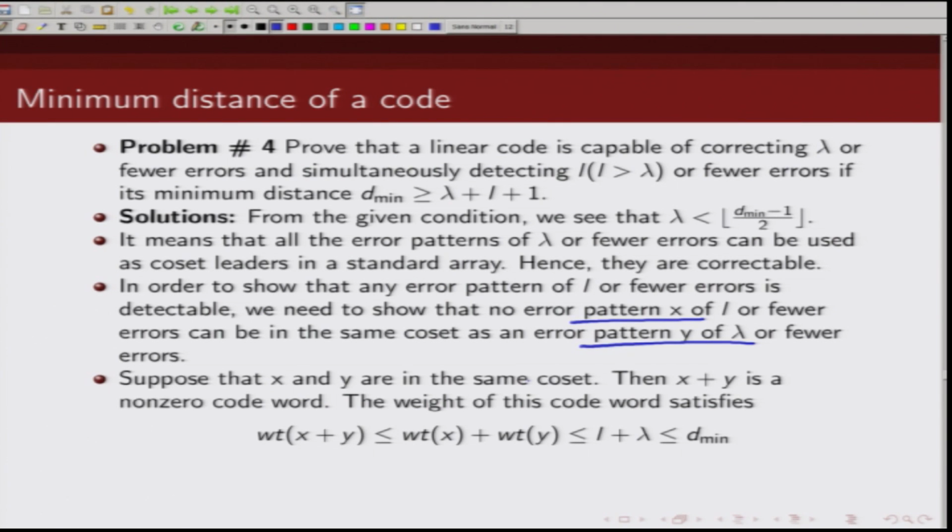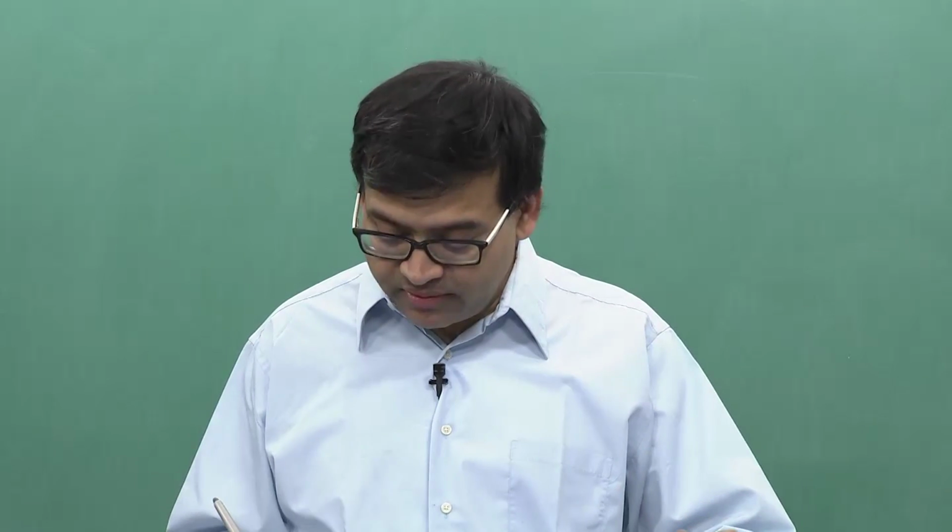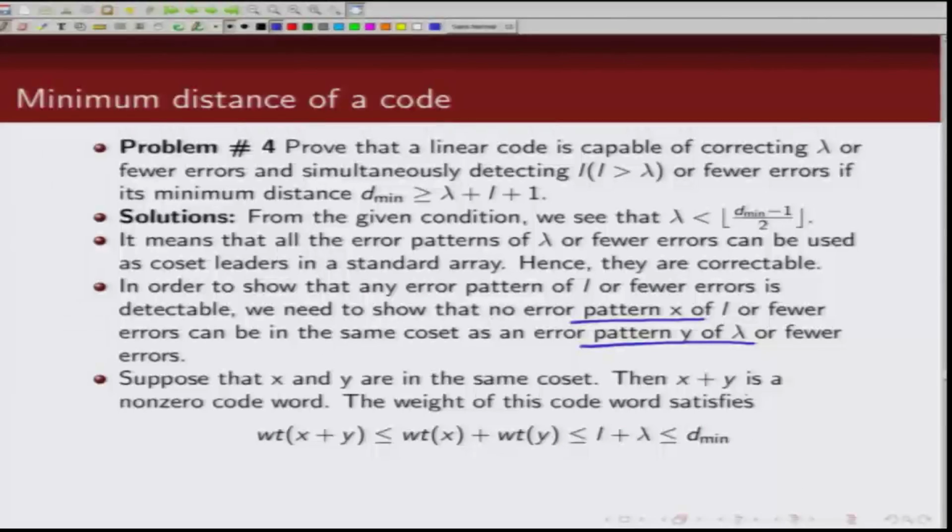Now, if x and y are in the same coset, we know from our standard array that x plus y should be a non-zero code word. If you recall the entries of a standard array, we had in the first row the code words v2, v3, and then we had error pattern E2, and then E2 plus V2, and so on.